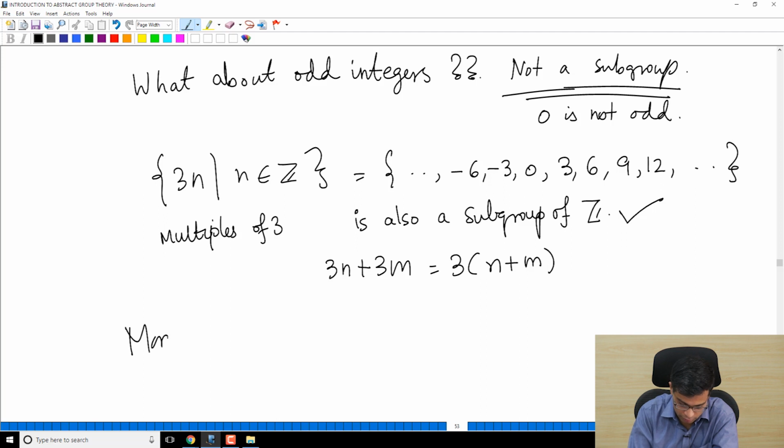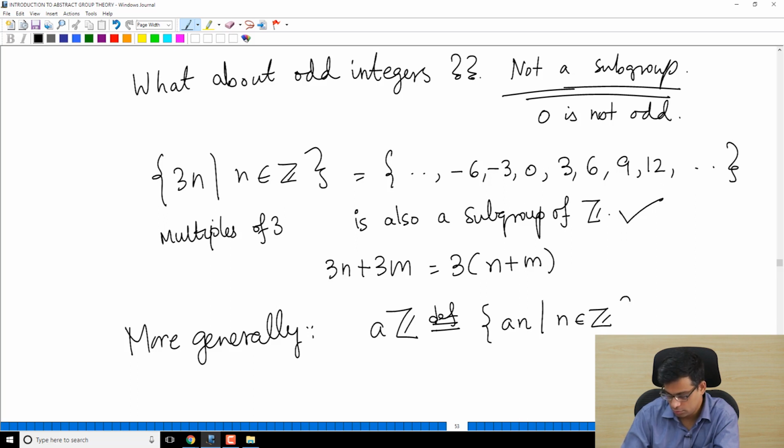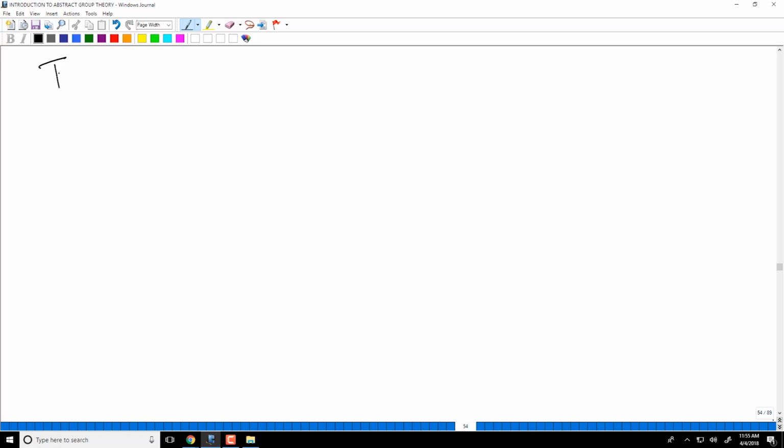More generally, aZ, which is by definition all multiples of a, is a subgroup of Z for any a in Z. Maybe I will write that as a theorem, but let me wait for the theorem.